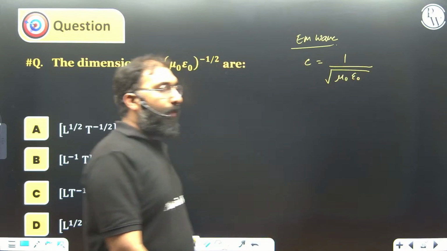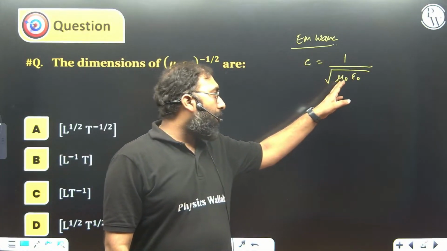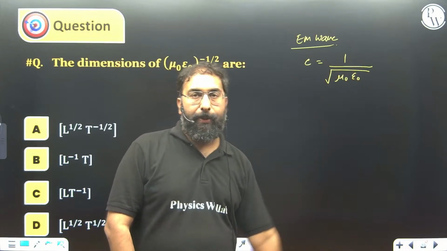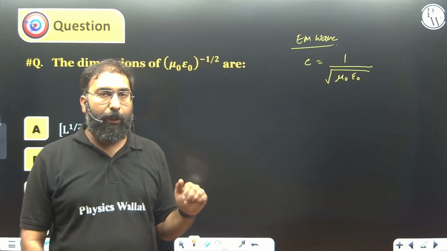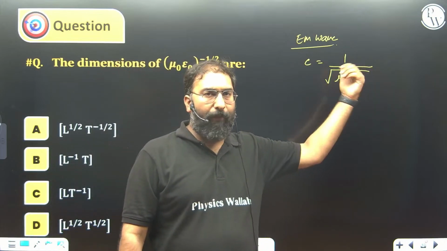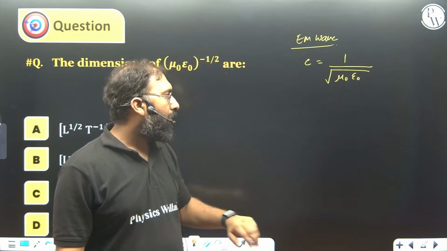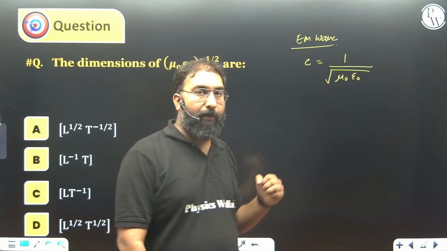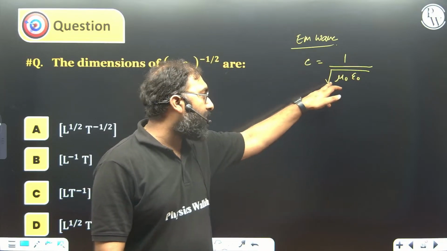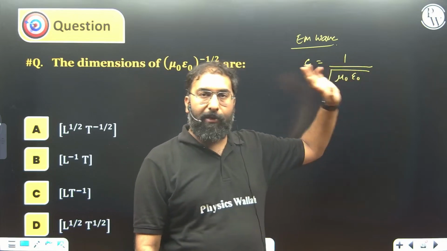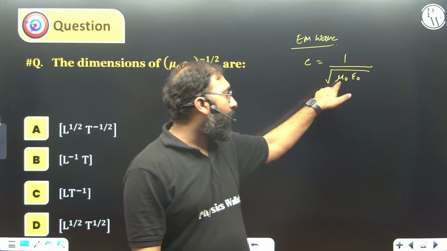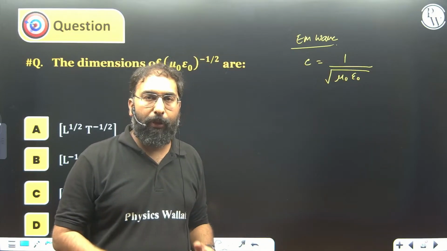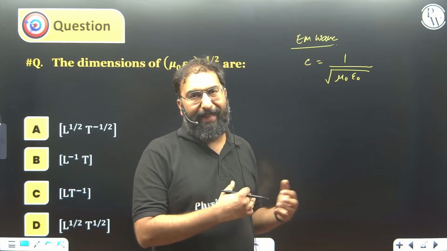Mu naught here represents the permeability of the medium, and epsilon naught represents the electrical permittivity of the free medium, like vacuum or air. So mu naught is magnetic permeability, epsilon naught is electrical permittivity, and the subscript naught represents that we are talking about vacuum, or air as a medium.